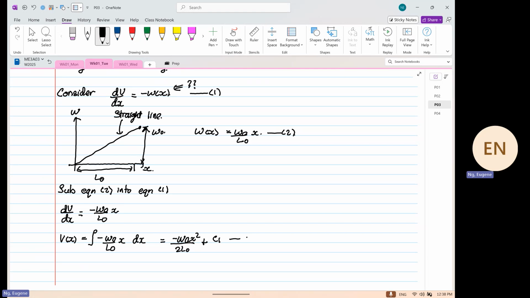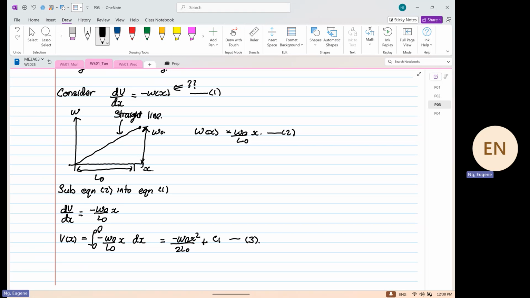This is our equation number 3. We have a constant C1 because we did not integrate with respect to any limits. Yes or no? There are no limits.